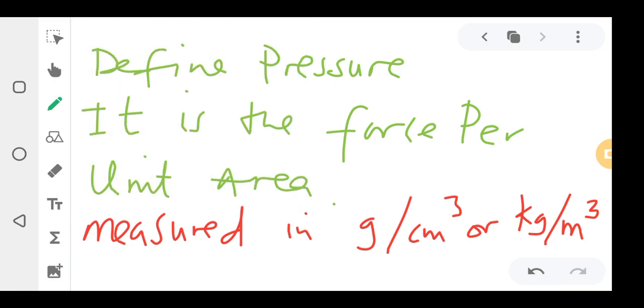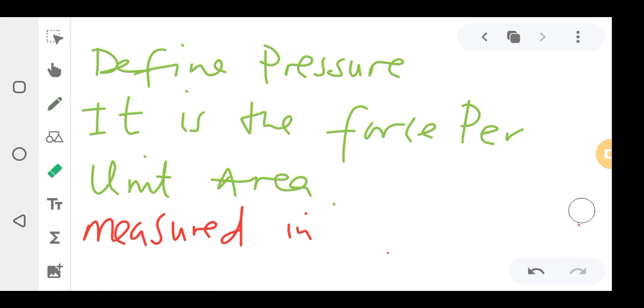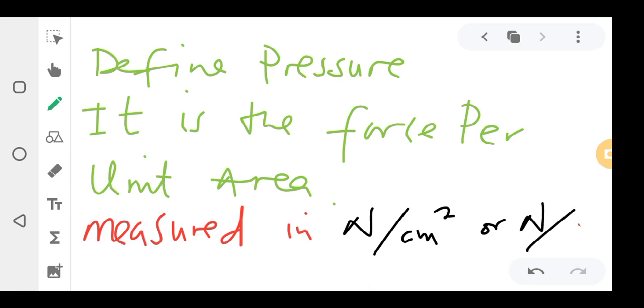I made a mistake there. It's actually measured in newtons per centimeter squared or newtons per meter squared.